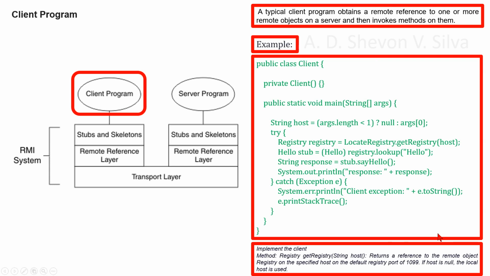This client first obtains the stub for the registry by invoking the static LocateRegistry.getRegistry method with the host name specified on the command line.